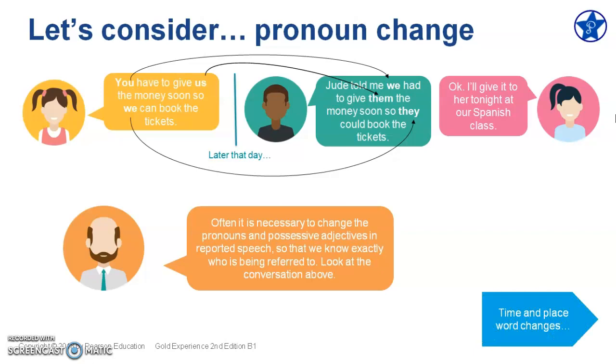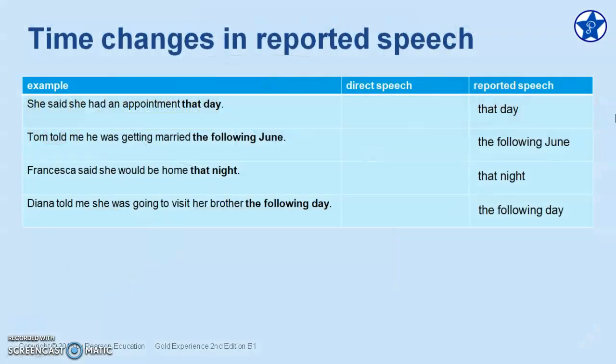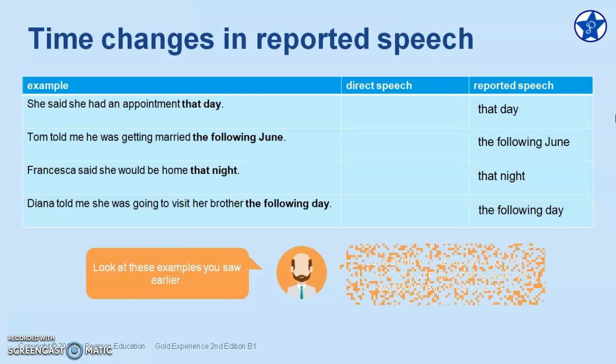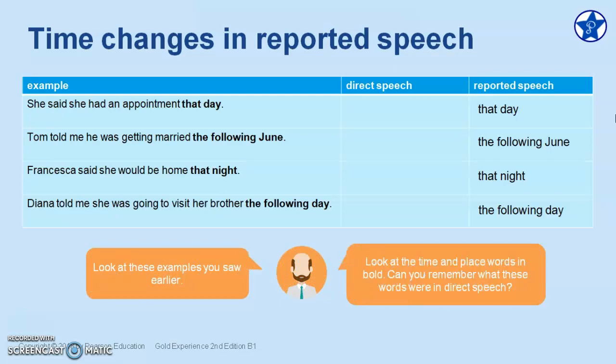Now it's time to look at time and place word changes. Look at these examples you saw earlier. Look at the time and place words in bold. Can you remember what these words were in direct speech?